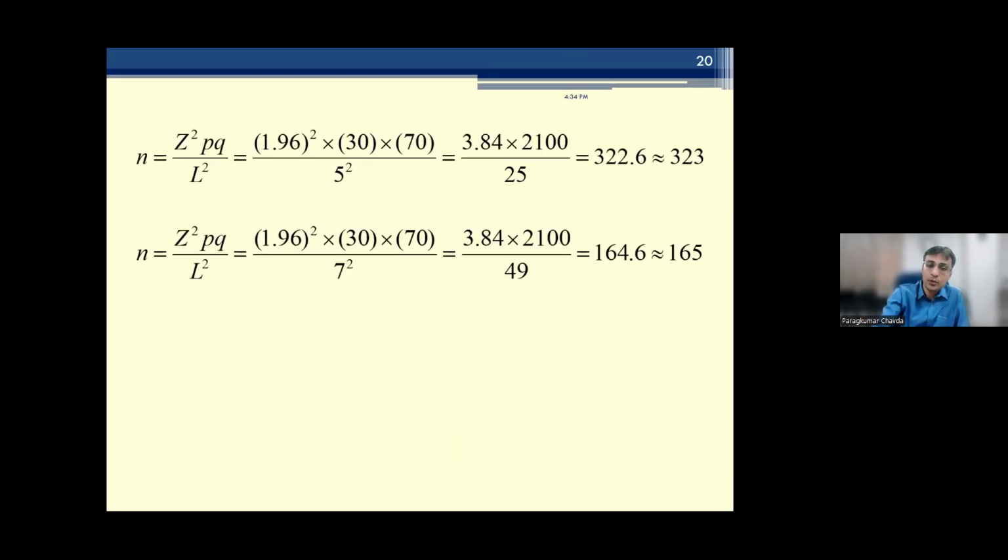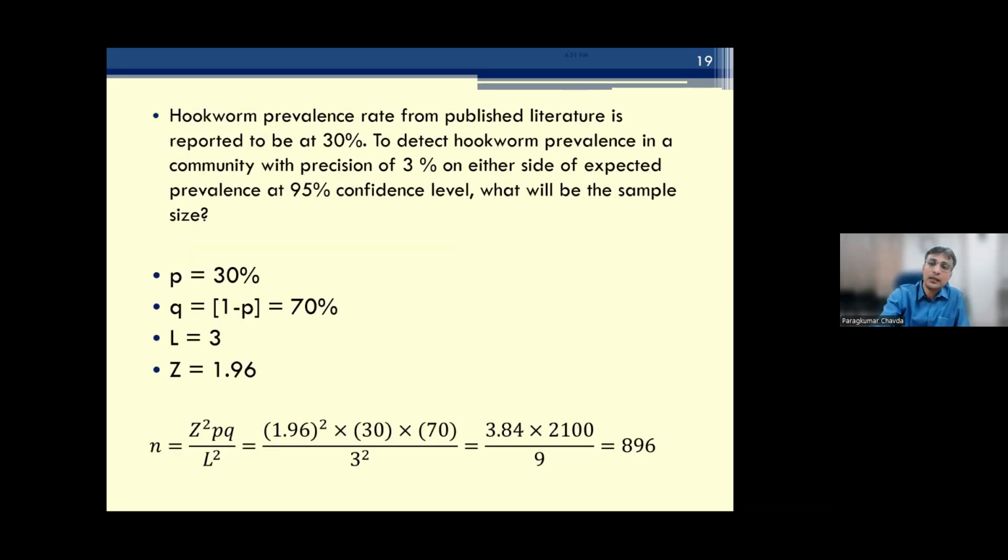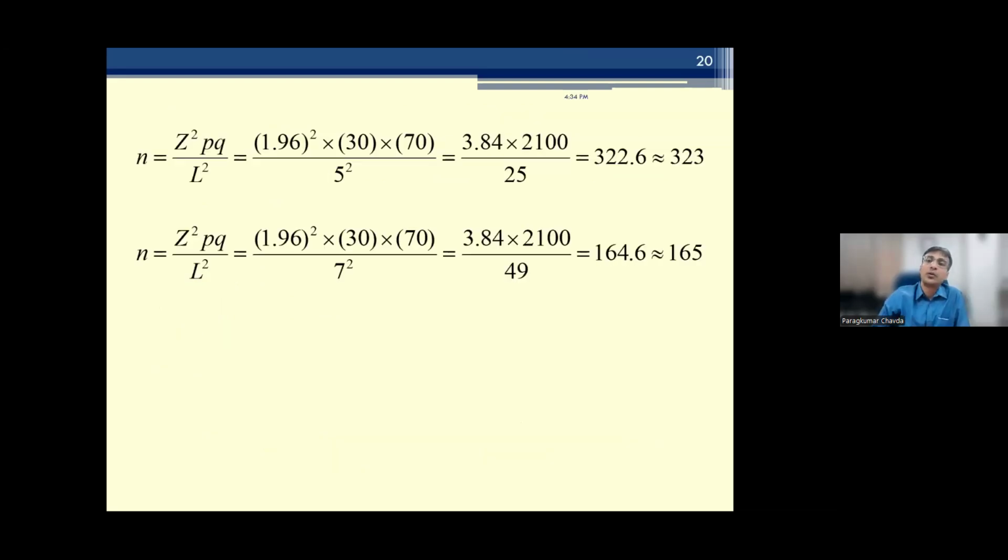So let's do that. Instead of keeping the allowable error at 3, where the sample size required was somewhere around 896, which is 900, if I change the allowable error from 3 to 5, the required sample size comes down to roughly 300 only.